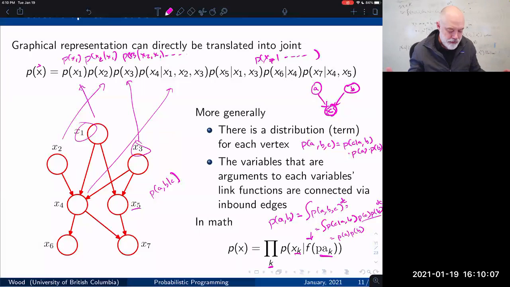So the quick answer to your question is, if in this graph everything is unobserved, then yes, you make independent choices for x1, x2, and x3. But if you condition on, or you happen to know the value of x6, then the values of x1, x2, and x3 become dependent on one another.